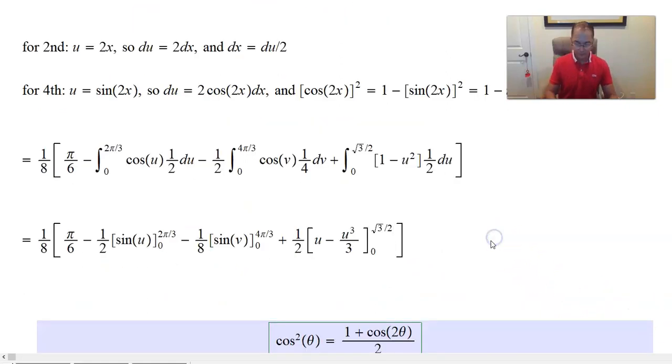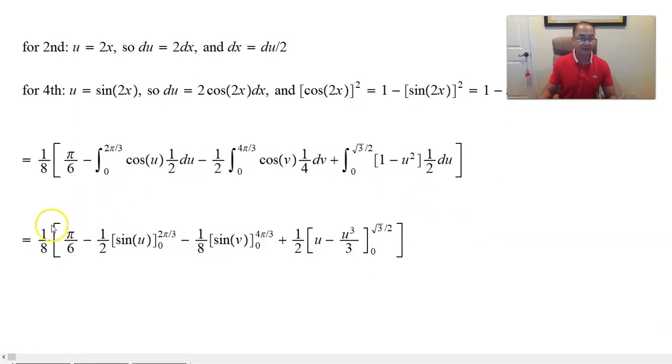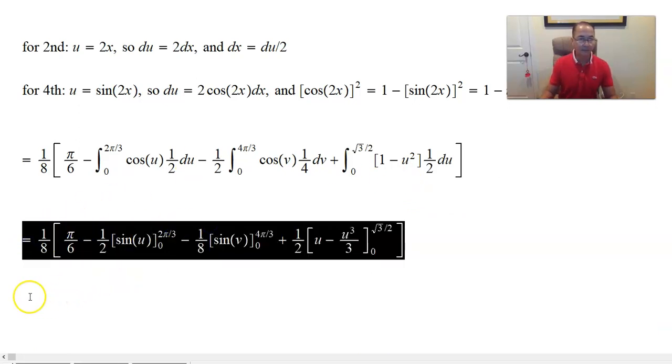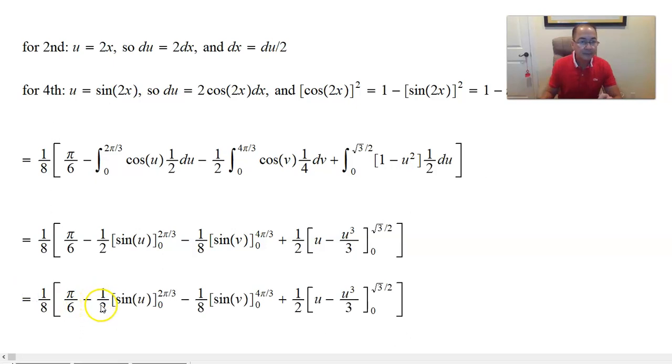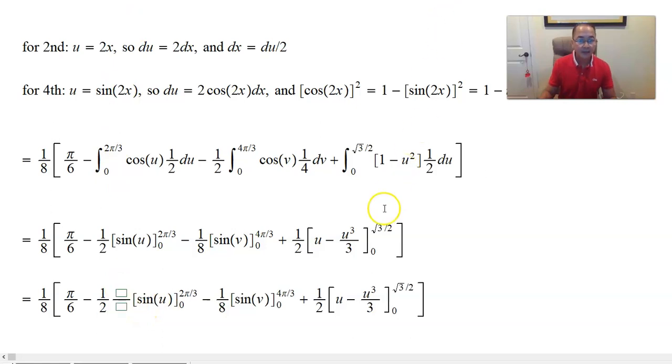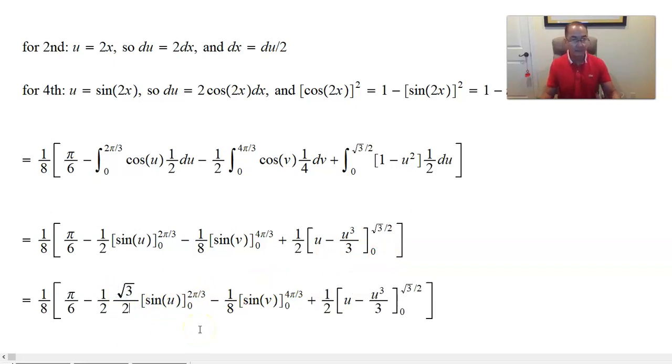So now, we will plug in the numbers. Sine of 2 pi over 3, we did that a little earlier. Radical 3 over 2. Ooh, so radical 3 over 2 is going to appear a few times. Let's put a fraction down here. And we have radical 3 over 2. Sine of 0 is 0.